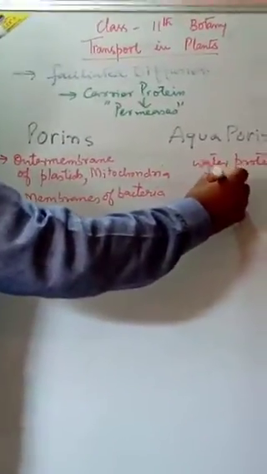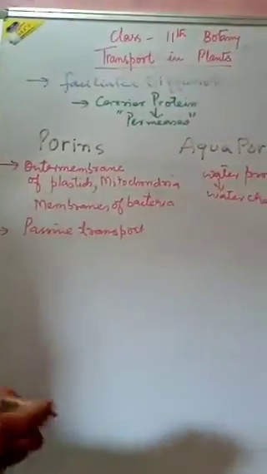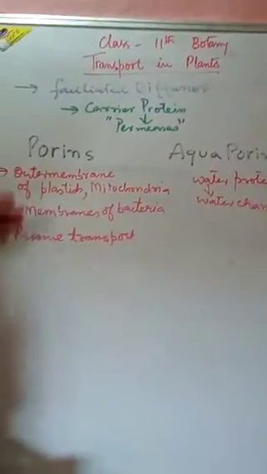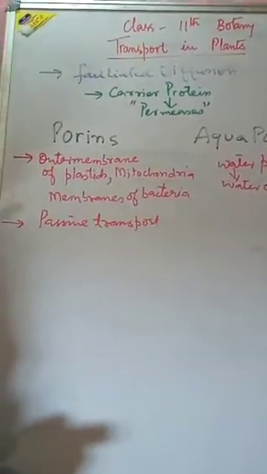Aquaporins, as the name indicates, are the water proteins, and these proteins simply form the water channels, and then these channels help us in the transportation of solutes from outer to the inner side. But it is mainly passive transport.